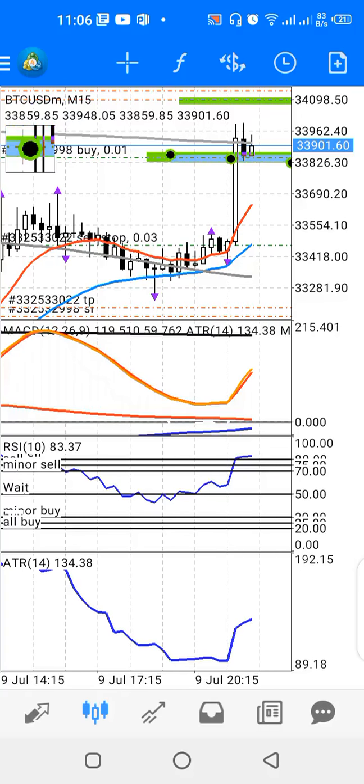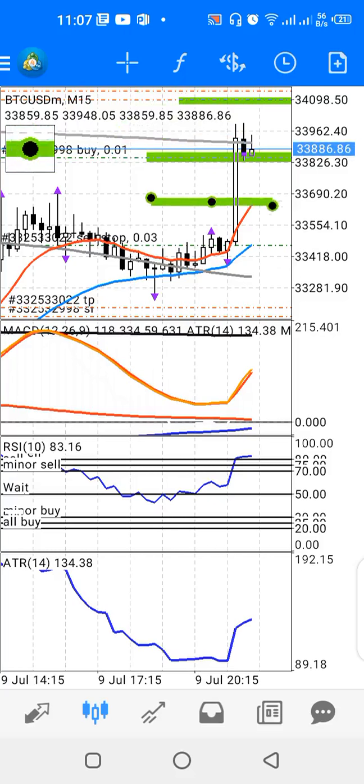Now I've placed a buy trade of 0.01 around here. I expect price to hit the take profit above, which is 250 points above this line.